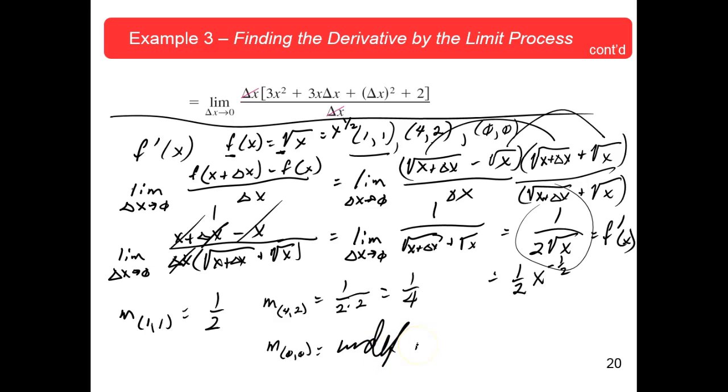Undefined. Now, if you think about the graph of this function, it's not defined for x negative, so it's only going to be on the positive side. 0, 0 is certainly there, 1, 1 is certainly there, and 4, 2 is certainly there.